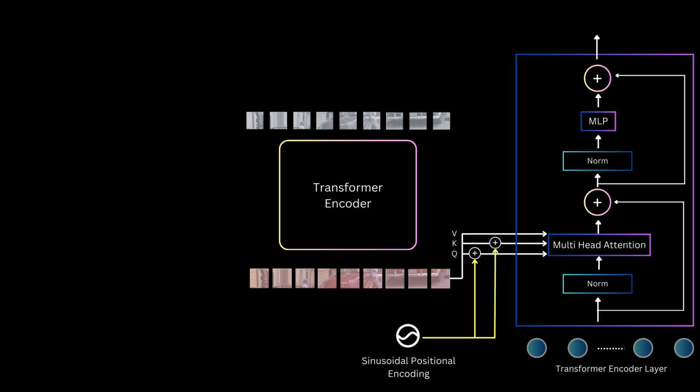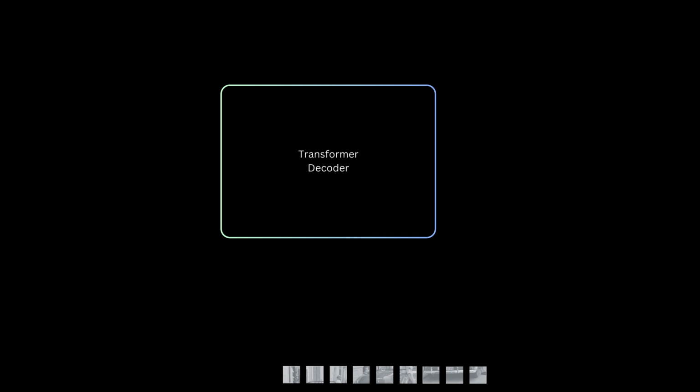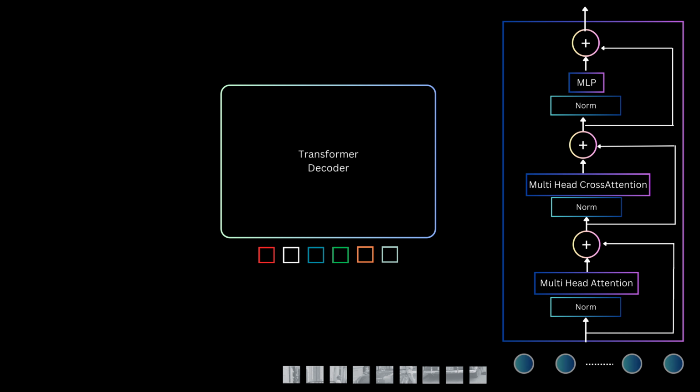The decoder of DETR is then going to use these image features as well as n object queries. This decoder would also be layers of self-attention and MLP, but additionally also have cross-attention layers. Now these queries are all initialized as zeros, but in order to have the model produce different outputs for each of these queries, n embeddings are used.